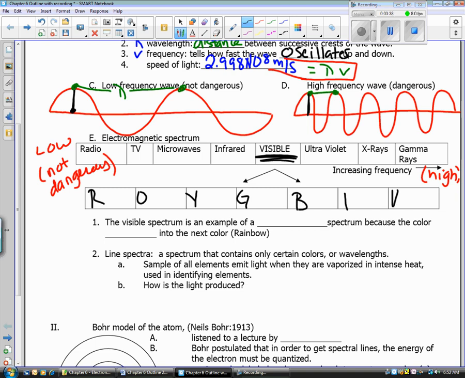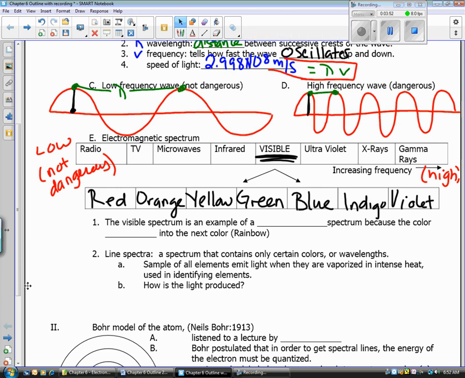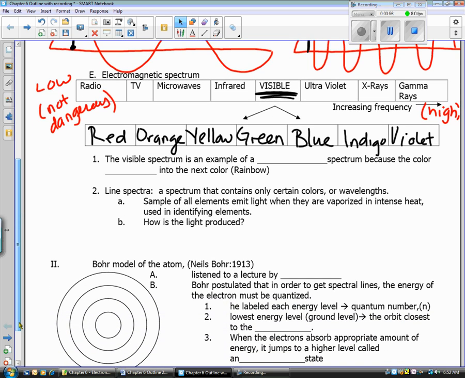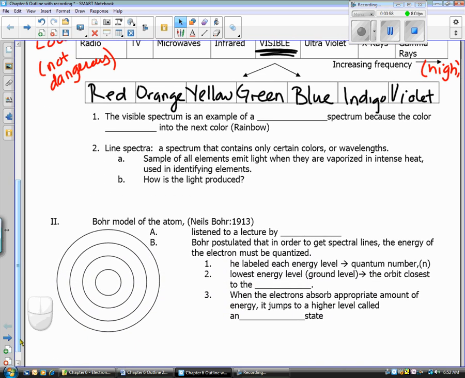These are all the colors we can see with our eyes: red, orange, yellow, green, blue, indigo, and violet. Okay, so those are the wavelengths that we can see. They're visible. That's not all the wavelengths there are. There are radio waves and TV waves and microwaves that are happening, but we can't see them.